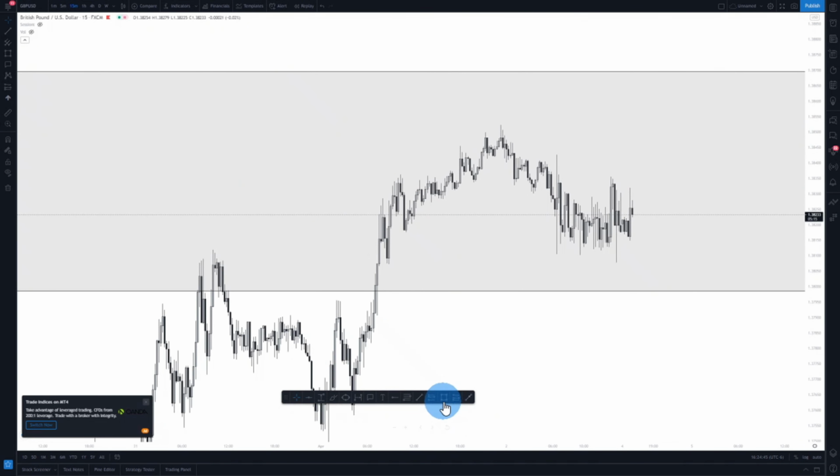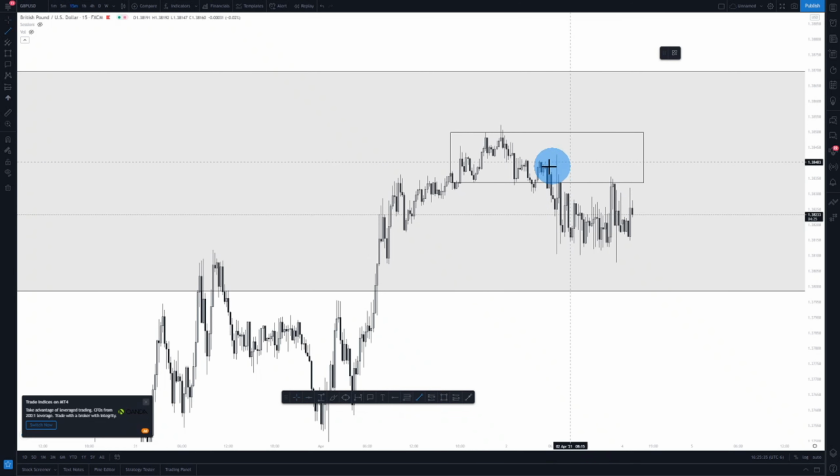From this point we can see that we have some sort of a range. Let's take it to the side. As you can see, guys, over here we have a bit of a range, and the market is getting down.